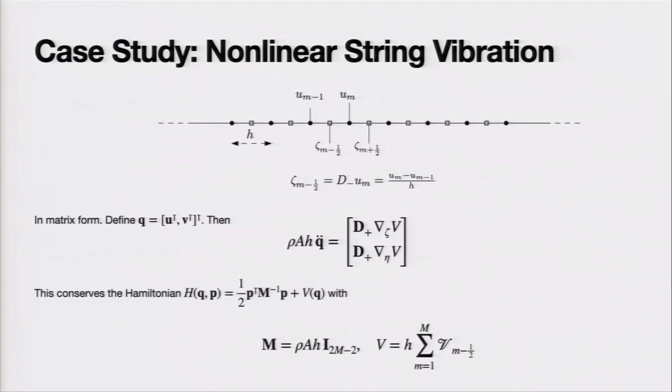So again, you have a Hamiltonian depending on P and Q, where you have your mass matrix, which is just the identity matrix times some constant, and then your potential V, which is the sum of these potential densities defined at the grid points. So again, we are working with a Hamiltonian system defined for particles.